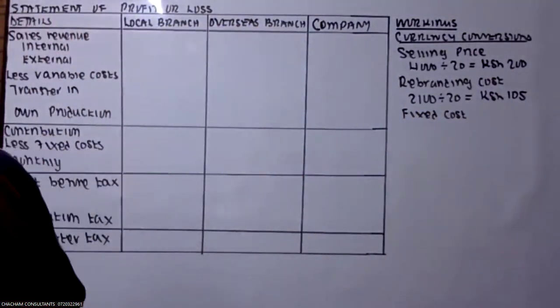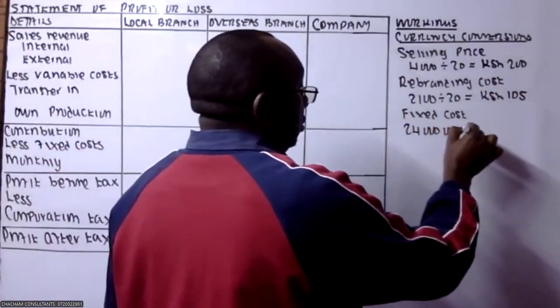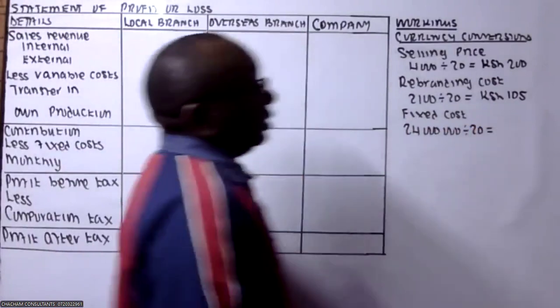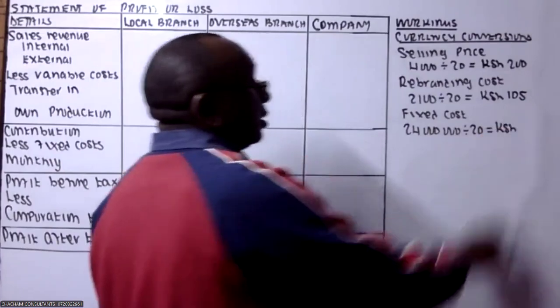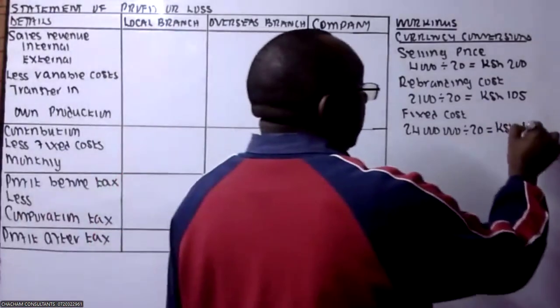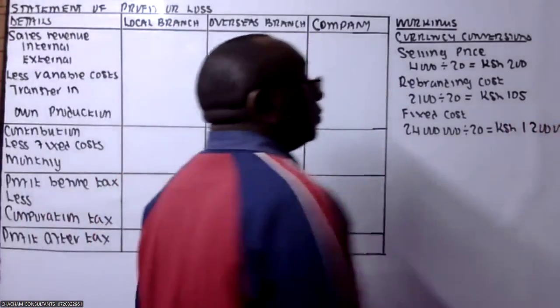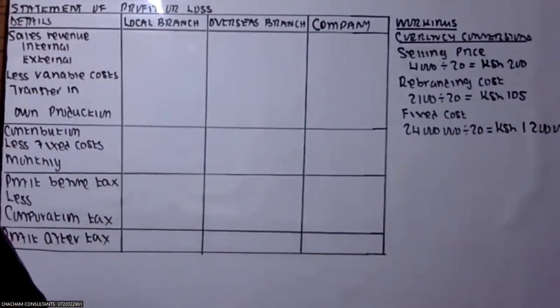Fixed cost is 24 million. You divide by 20. That gives Kenya shillings 1,200,000. Okay.